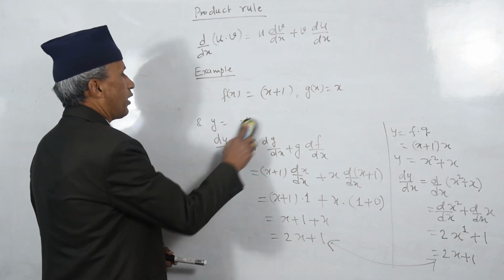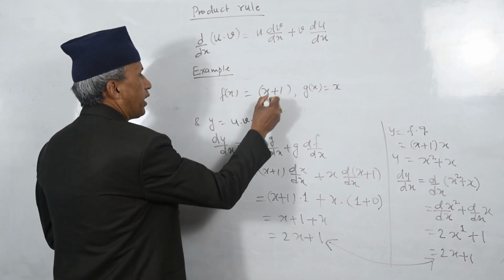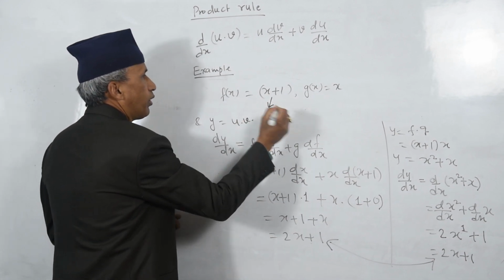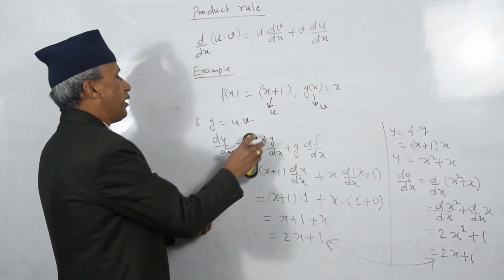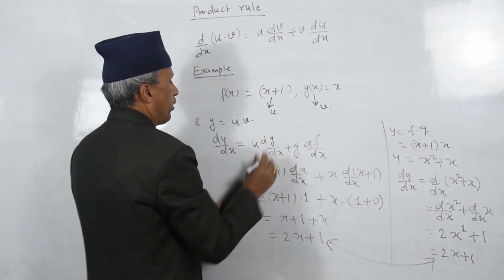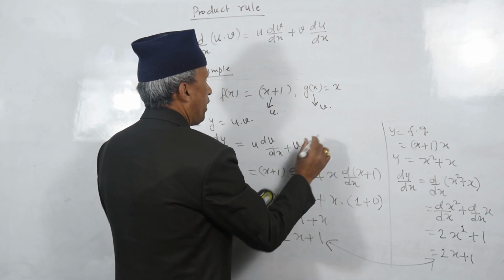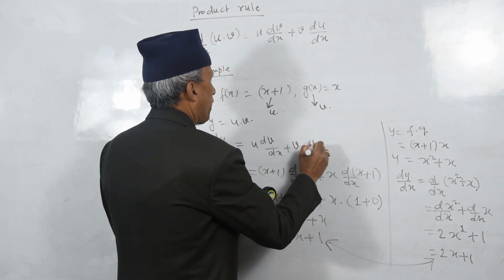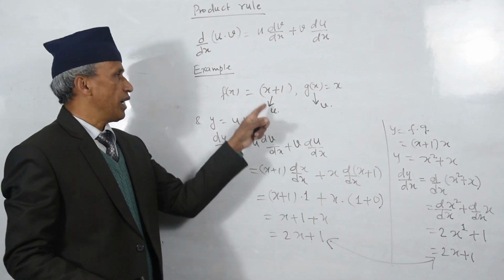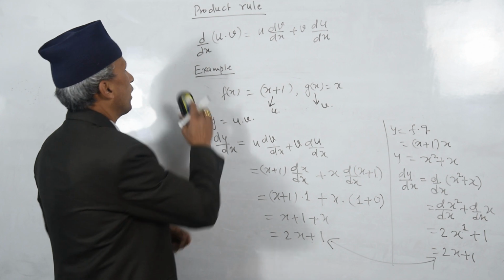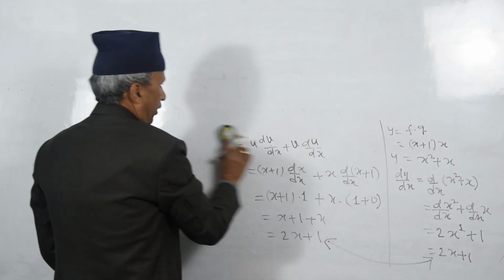If you write u into v, it will be u dv by dx plus v du by dx. If there are two functions multiplied, always use this formula. For example, you can see other examples as well.